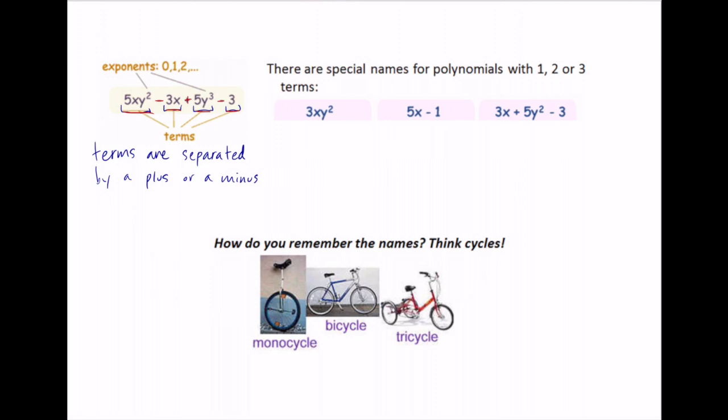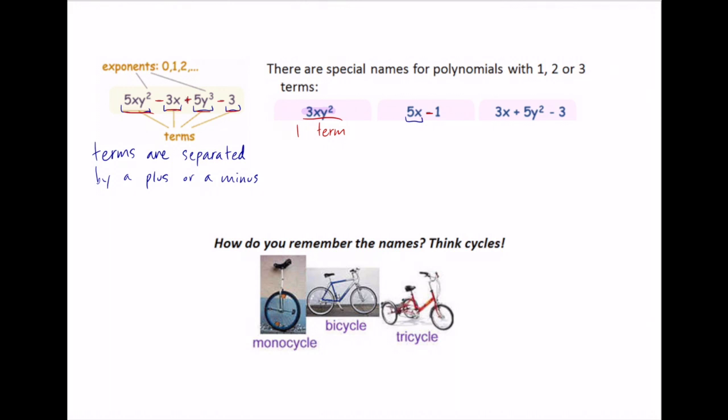So let's look over here. We do not have any plus or minus signs. If that is the case, then we say that this only has one term. It's just this one block here. We call it as one item, it's one term. Over here, we do see a minus sign.